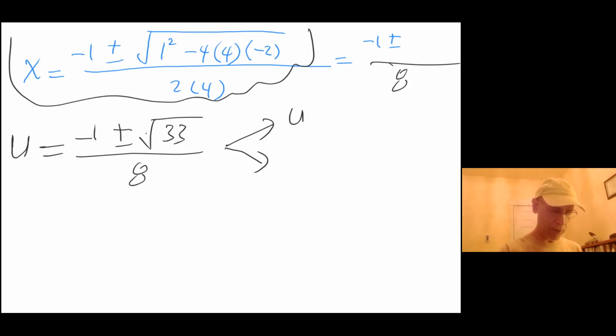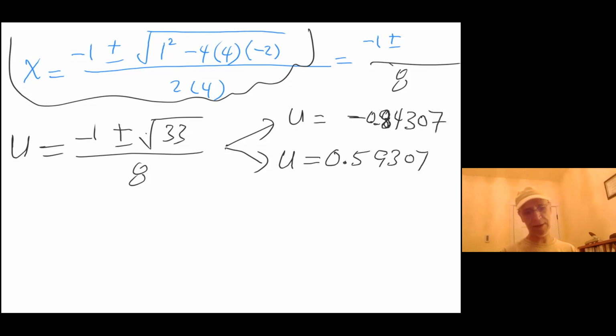So I have one answer, u equals negative 0.84307. Okay, and the other one, give me 1 second. Okay, and I have u equals 0.59307.